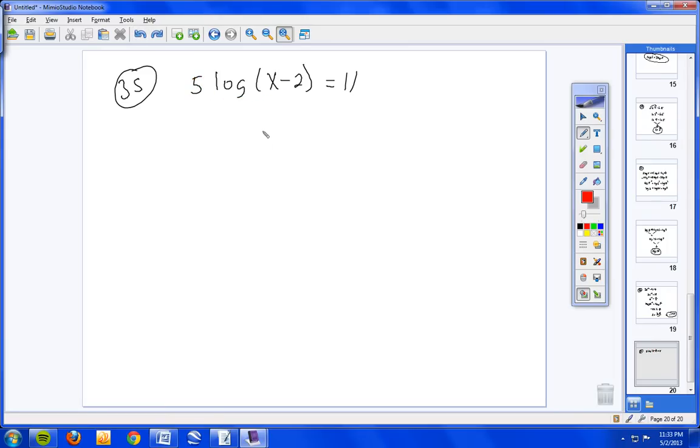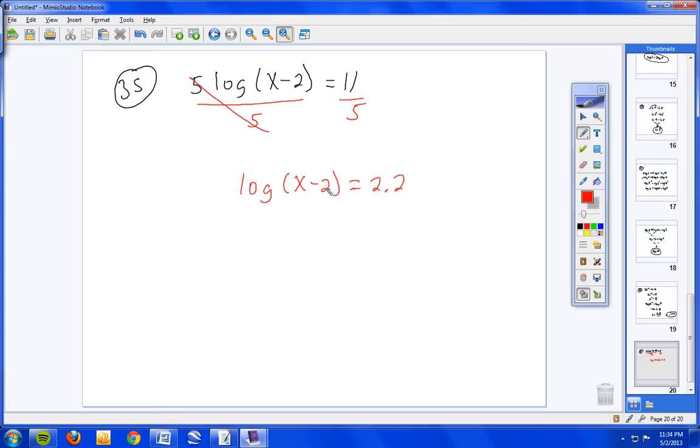We don't want that 5 there. So we're going to divide this side by 5, so those cancel out. But we've got to divide this side by 5 also, so we're left with log of x minus 2 equals, what would that be? 2.2, I believe. Let's see. 11 over 5, yeah, 2.2.